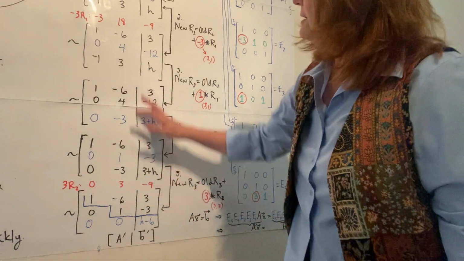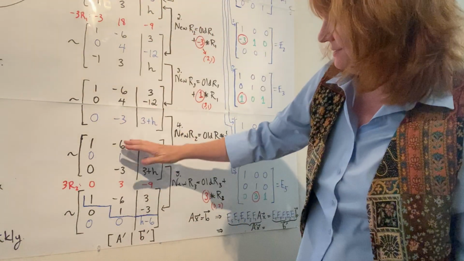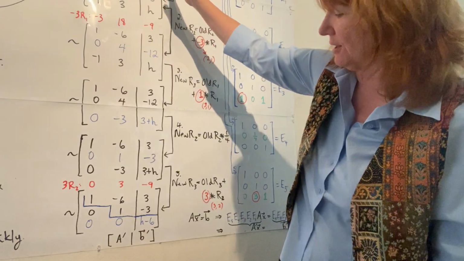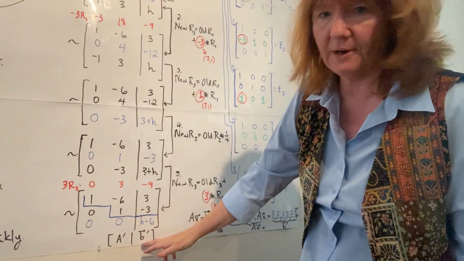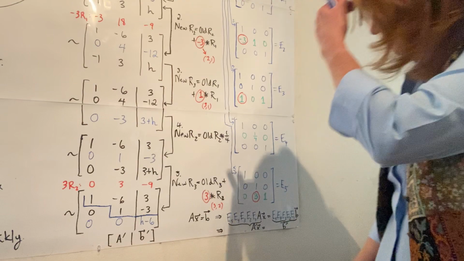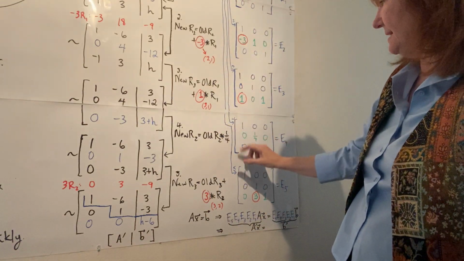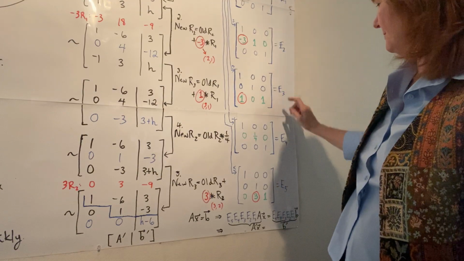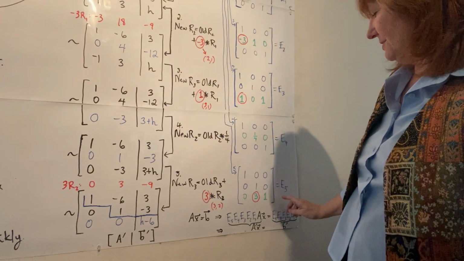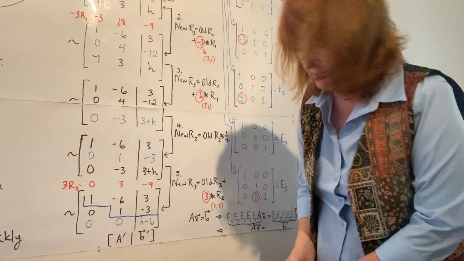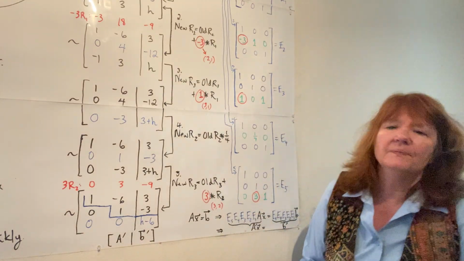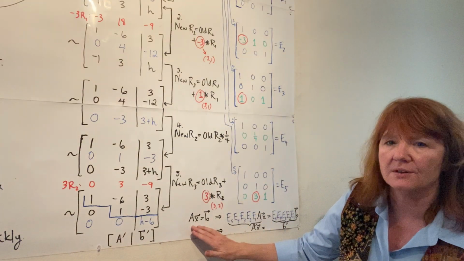Okay, so we had AX equal to B, we had the augmented matrix A, B, it became A prime, B prime, right? Over here we generated some matrices, E1, E2, E3, E4, E5. Notice how we would have used them in a matrix equation.